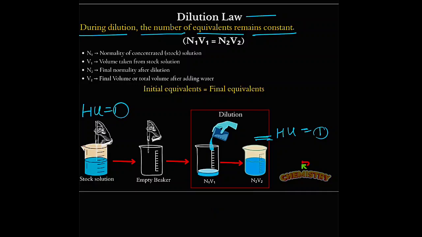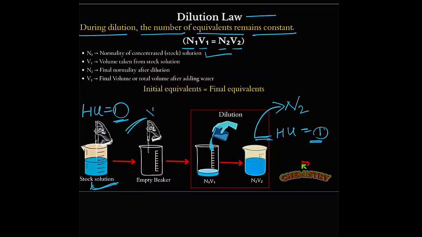If the stock solution has equivalent 1, then the diluted solution's equivalent will also be 1. So the dilution formula is N1V1 = N2V2. N1 is the normality of the stock solution, or the initial normality. N2 is the normality of the diluted solution.